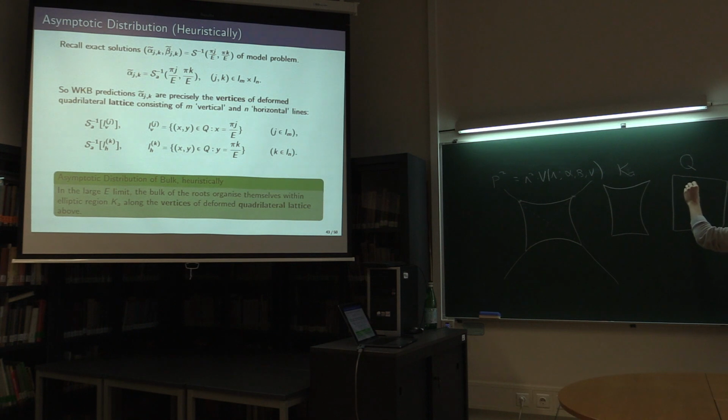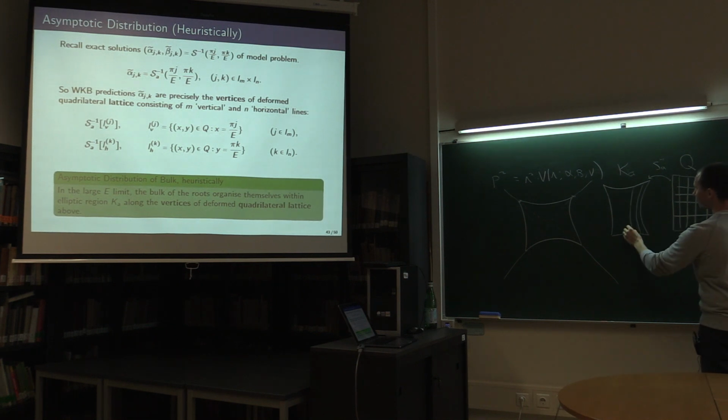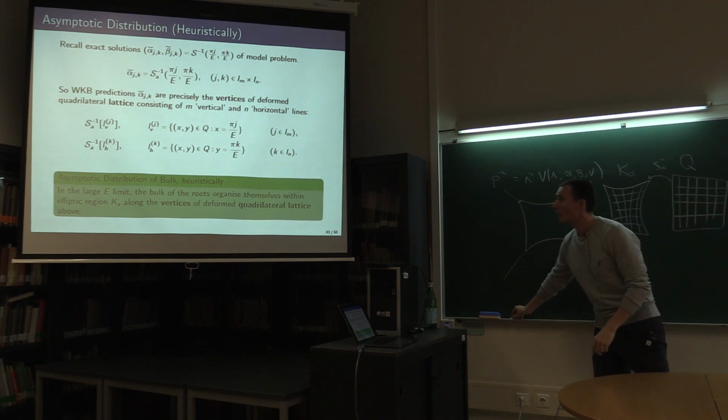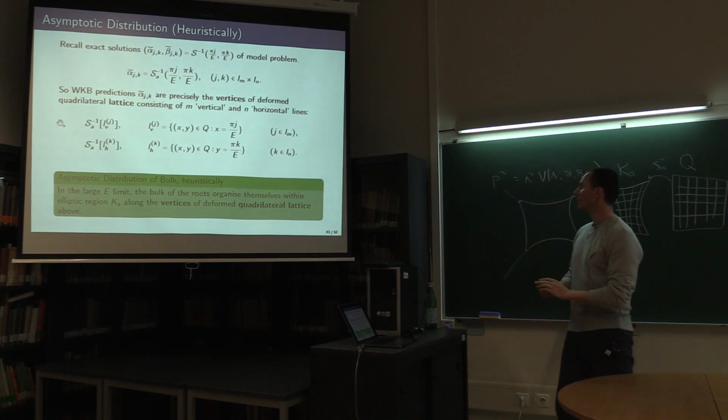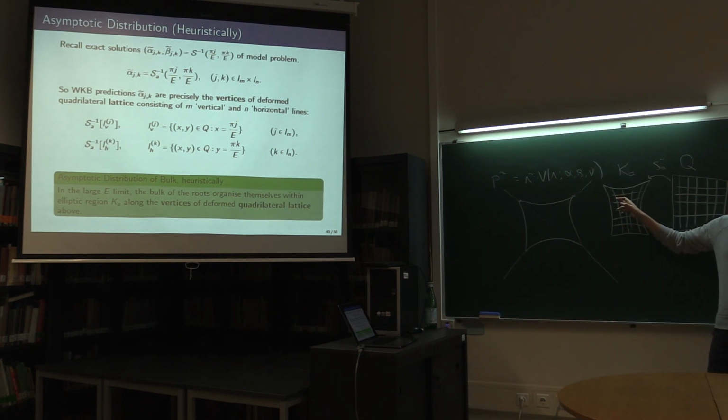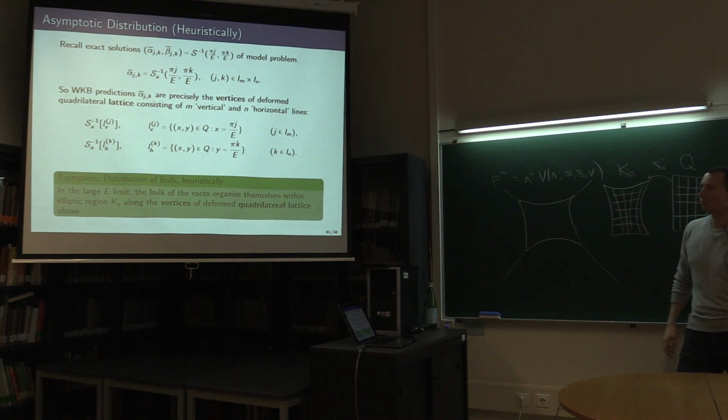So the images of the alpha tilde lie on this orthogonal quadrilateral grid, a quadrilateral lattice. So we take the SA inverse image of this lattice, and then we get a deformed lattice in the elliptic region. And the WKB prediction asymptotically says that the roots lie approximately on the vertices of this deformed lattice.